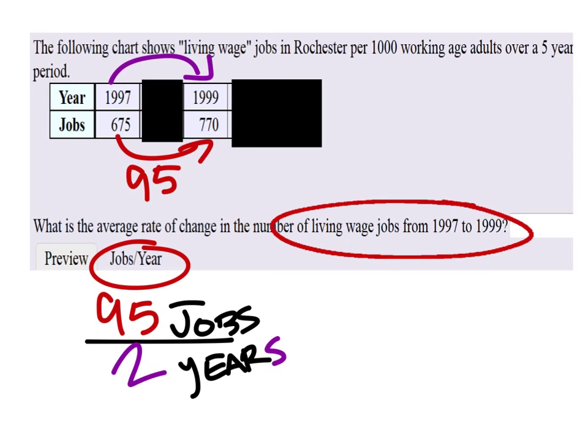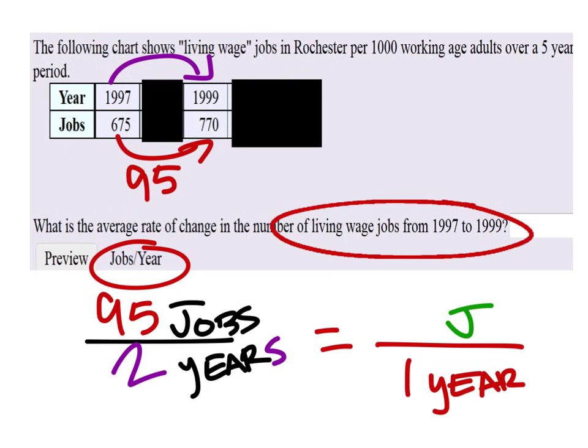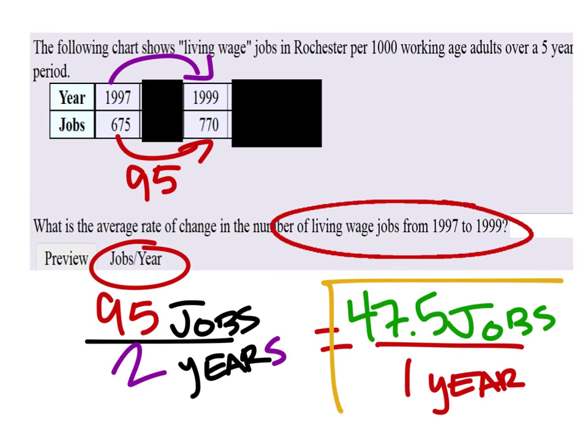Well, if I divide these out, 95 jobs in 2 years, then we want the average jobs per 1 year, so we just want this to be 1 year. So I'm just going to take 95 and divide it by 2. That will tell me how many jobs per year. 47.5. Is that right? Awesome.